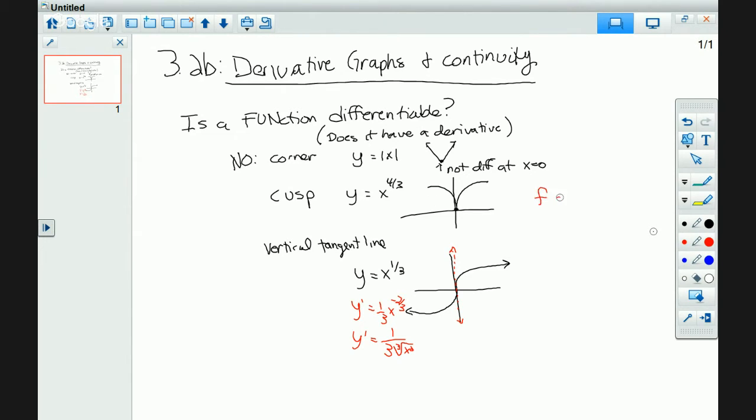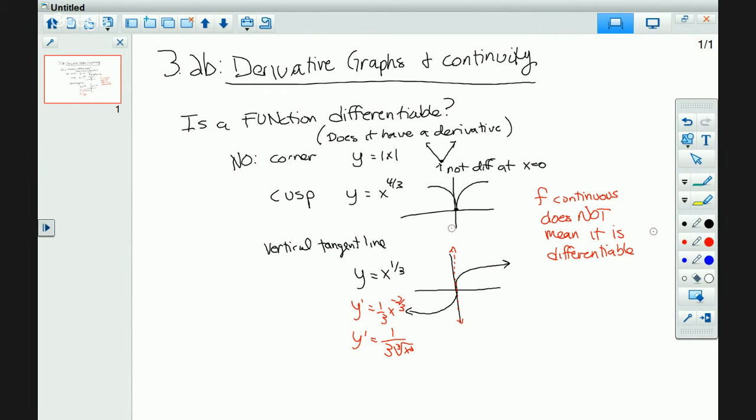So, if f is continuous, does that mean it has a derivative? Just because it's continuous does not mean it has a derivative.